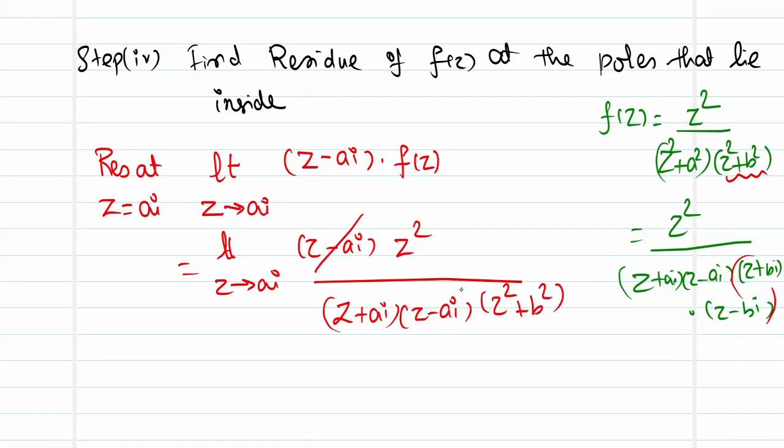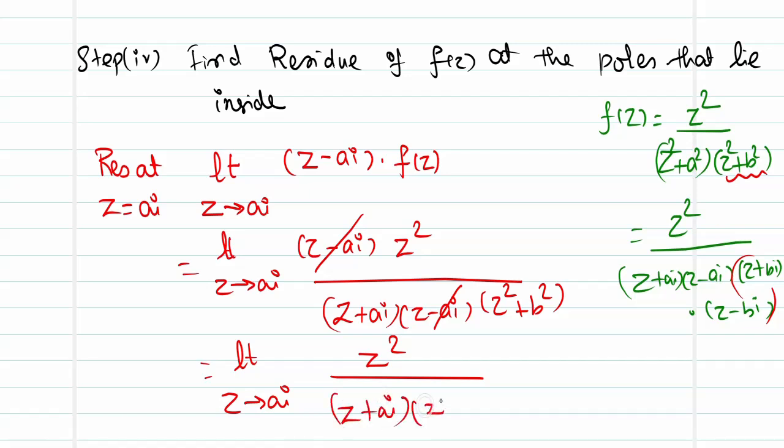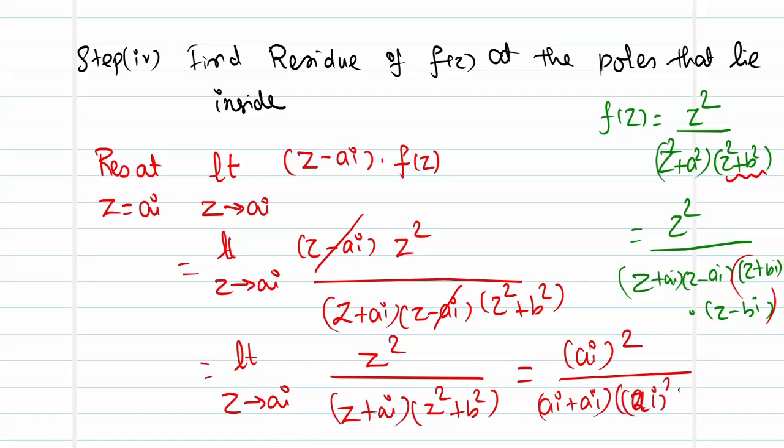Now minus ai cancels off, leaving you with limit z tending to ai, z square divided by (z plus ai) into (z square plus b square). Now let me apply the limit over here. So it is ai the whole square divided by ai plus ai. Over here it is z square, so ai the whole square plus b square.